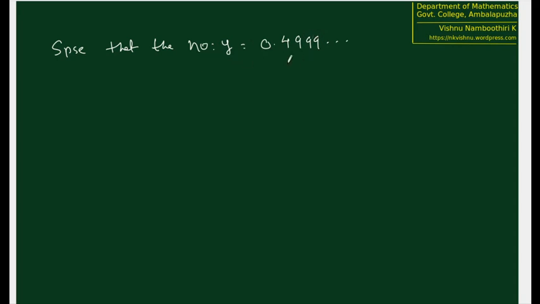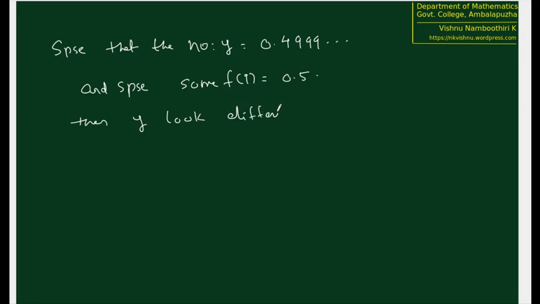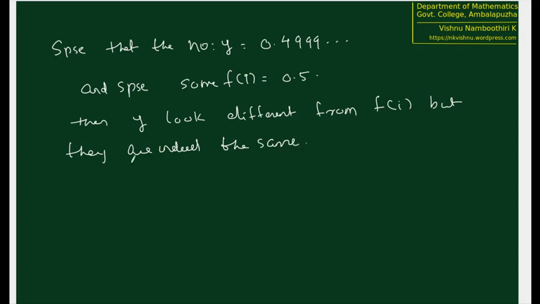Suppose that the number y is this, and suppose some f(i) is equal to 0.5. Then y looks different from f(i), but they are indeed the same. So we have not actually constructed in that case a new number that is different from f(i).